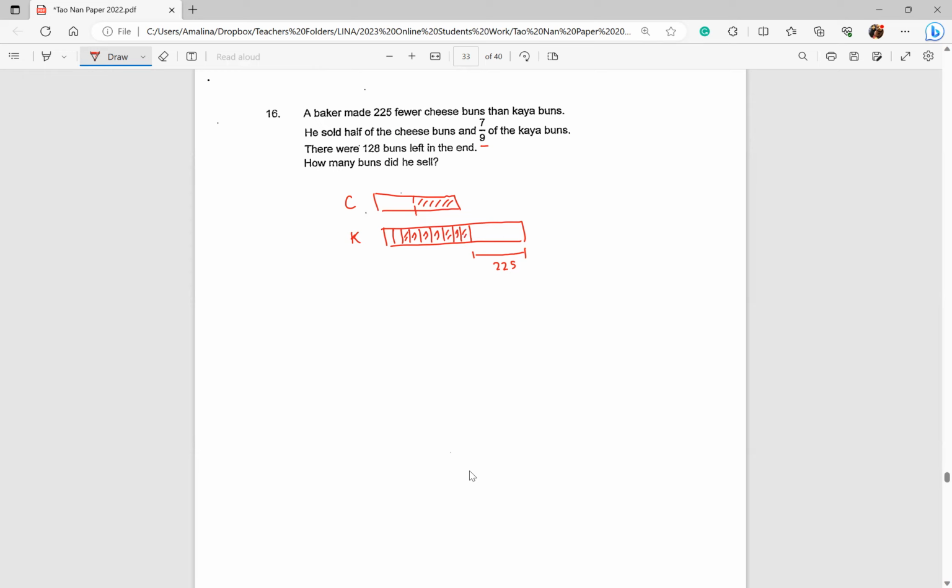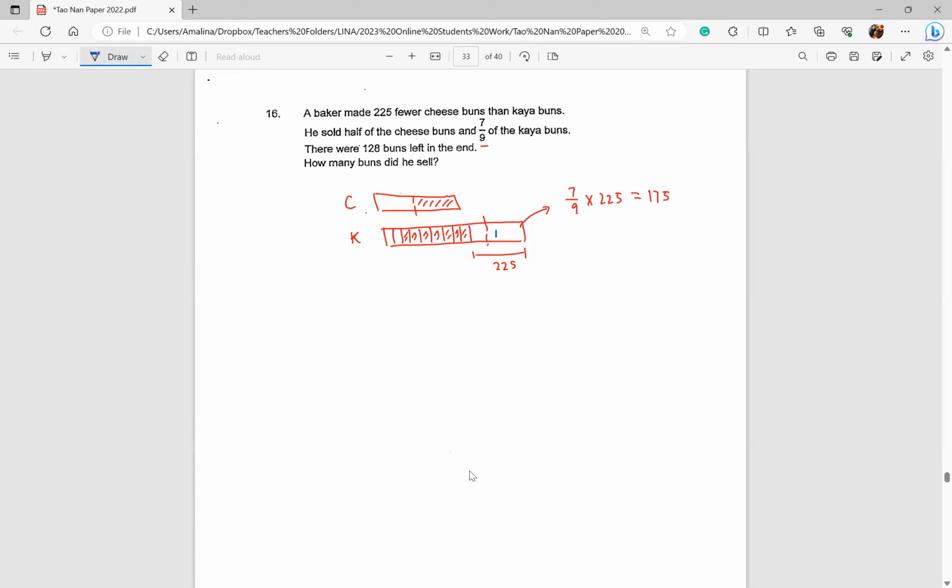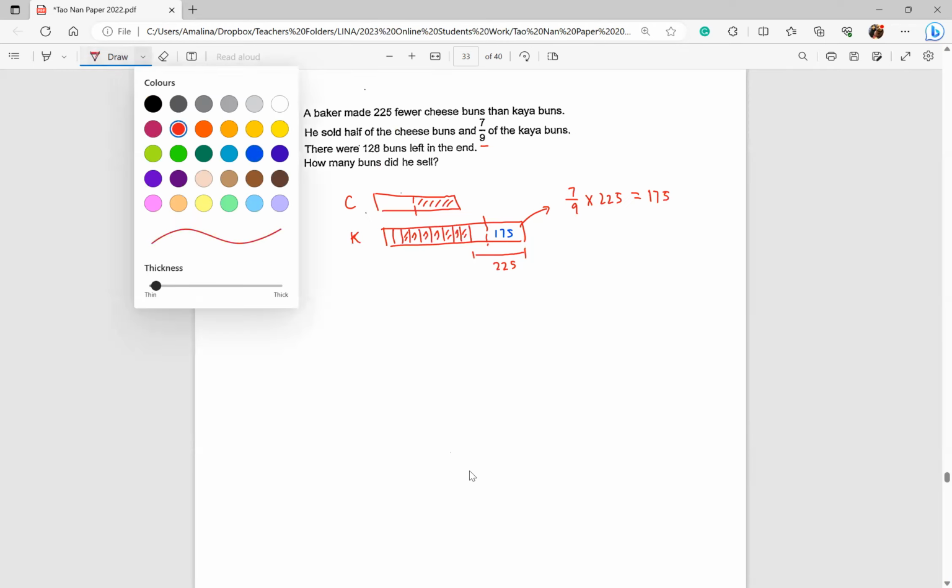Now remember to also shade off 7/9 of this quantity part. So find out what is 7/9 of your 225. Okay, so 7/9 of 225, I get 175 kaya buns. So maybe I use blue, then I will shade this off in red.